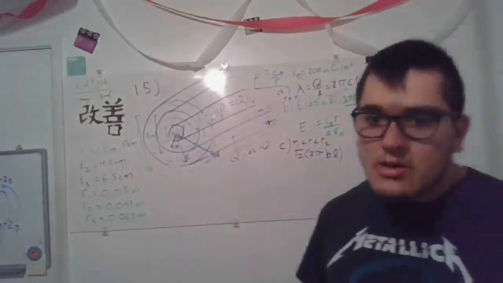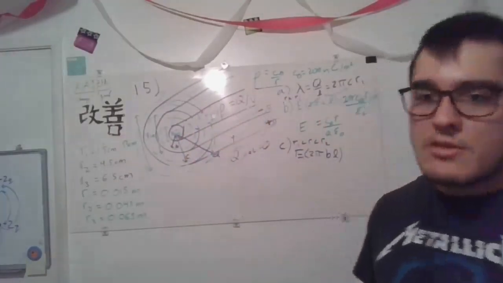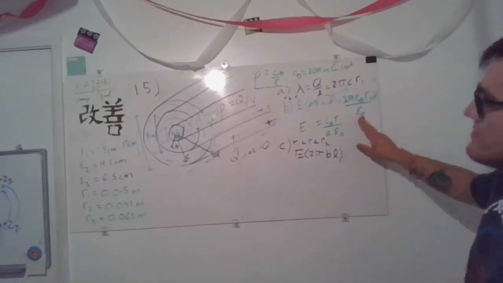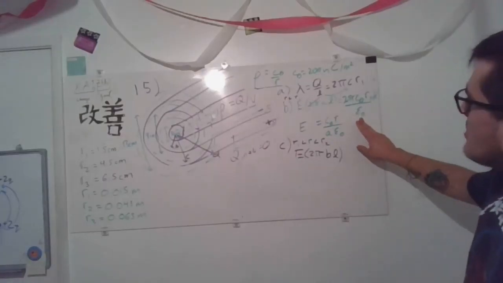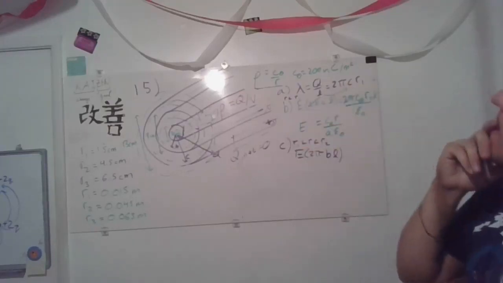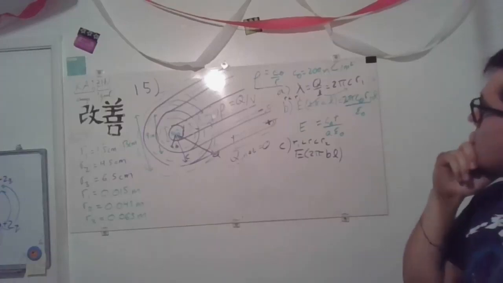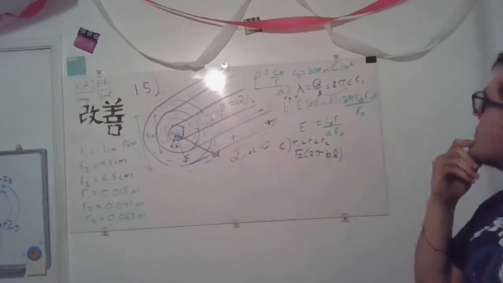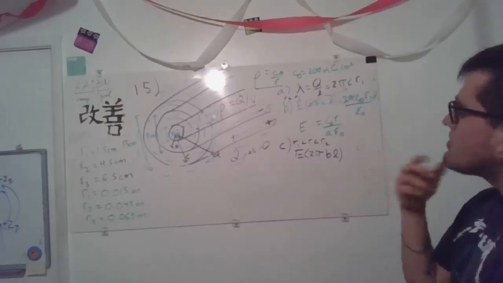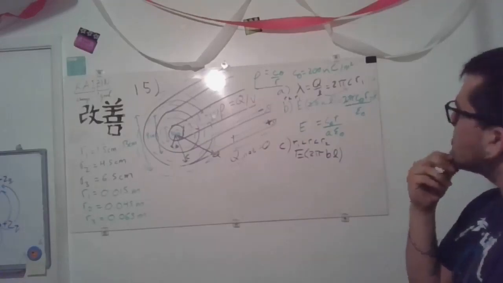Isn't the Q the charge of the whole inner cylinder? Yeah. So for part B, it should be smaller. Yeah, right. I'm going to only integrate from 0 to R1, right? 0 to R1.